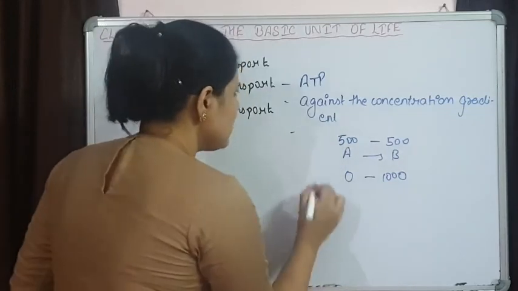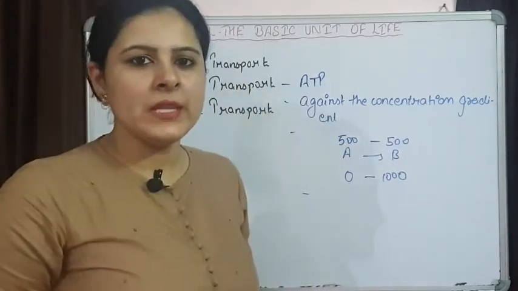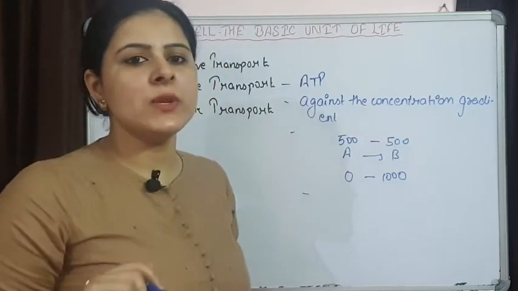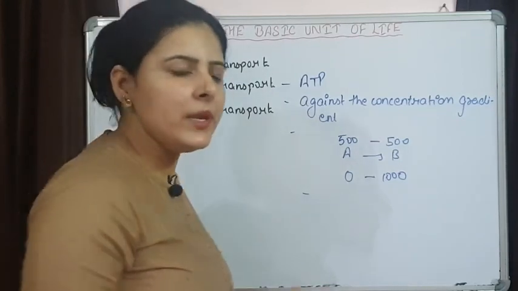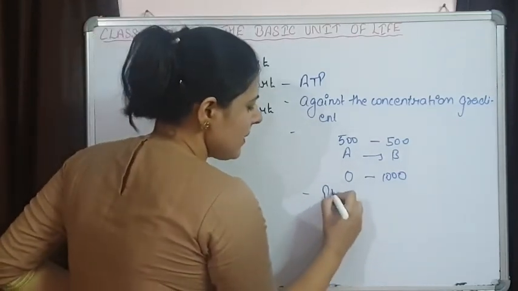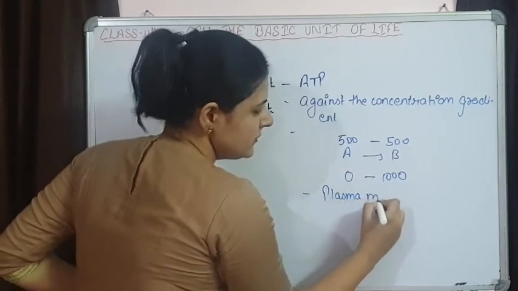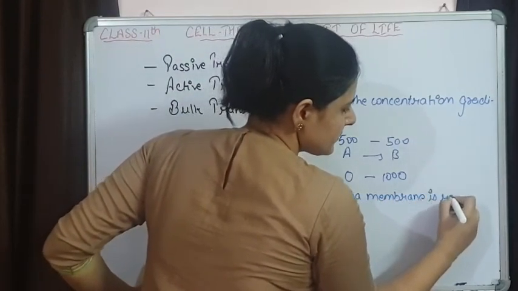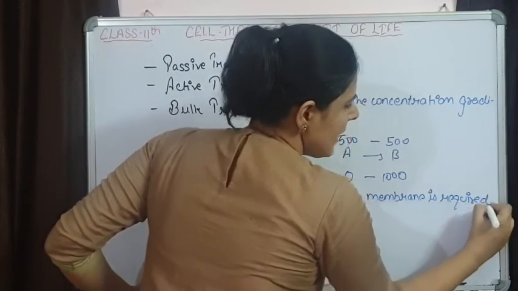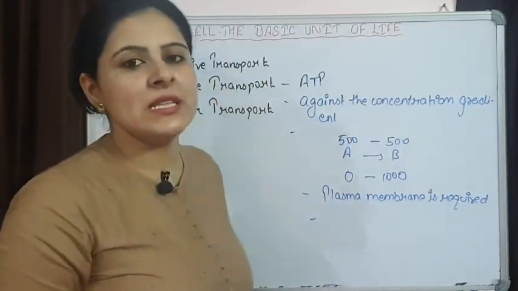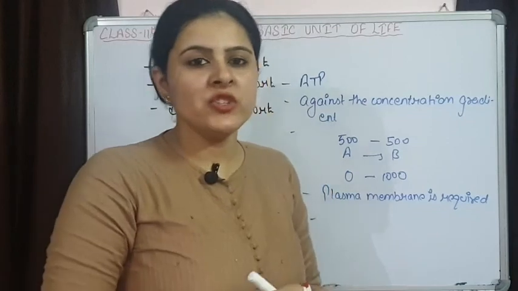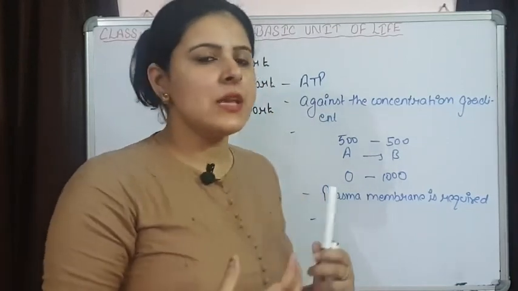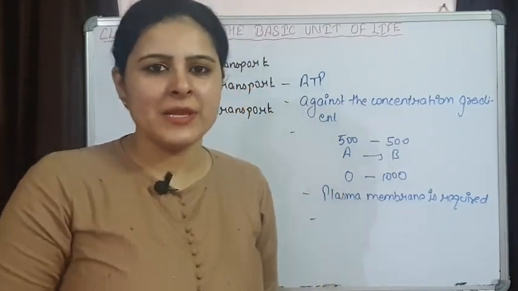Plus that is a very sensitive process. This active transport always takes place with the help of a membrane. So here a plasma membrane is always required. You can say a semipermeable membrane is always required, and this active transport is very sensitive to change in temperature, or if some kind of inhibitor is present, like cyanide.